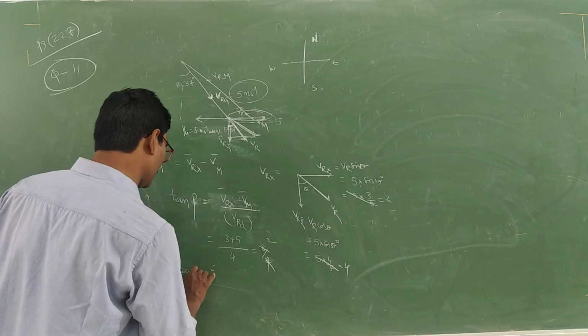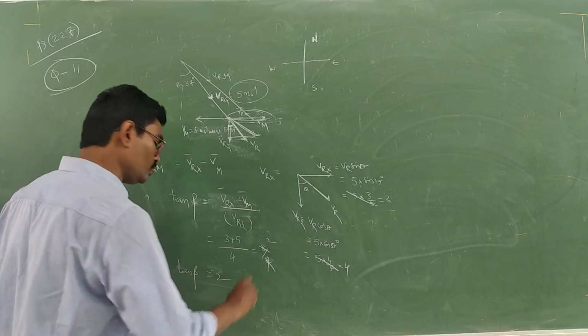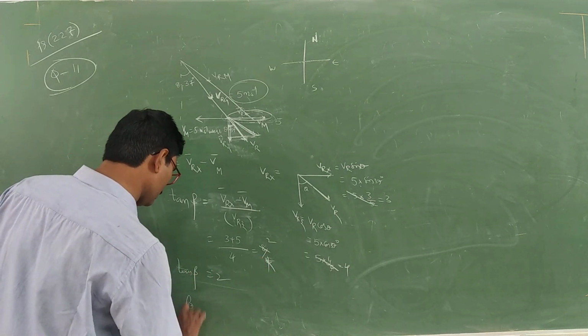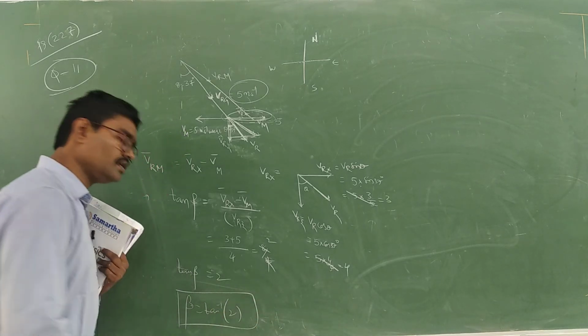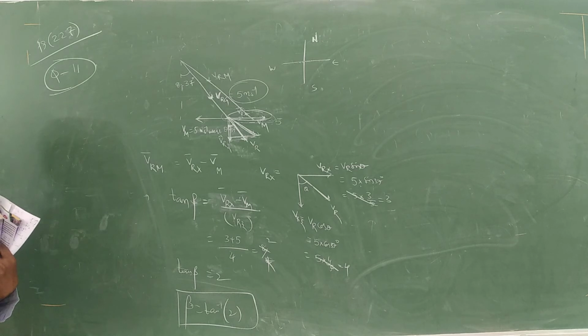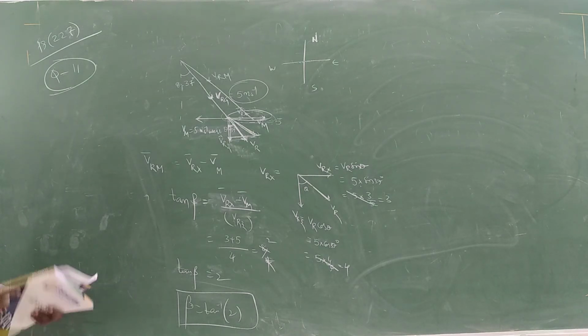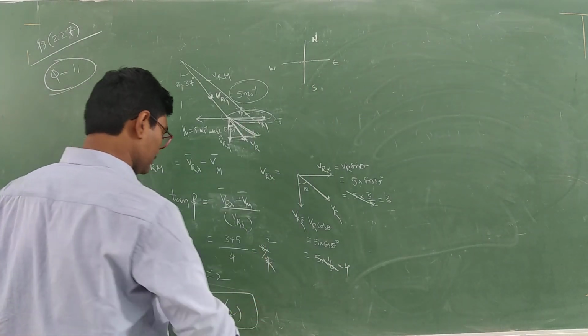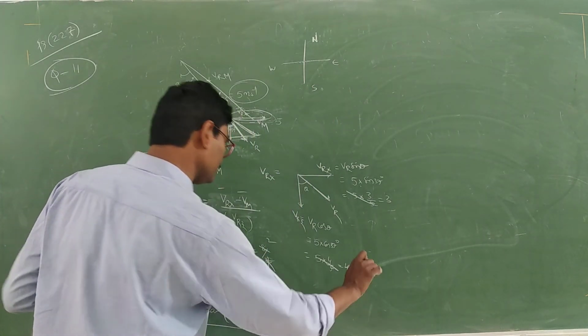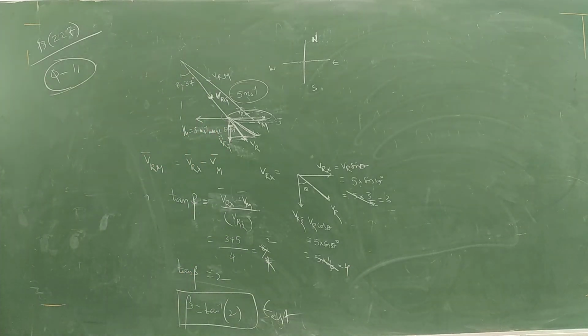Tan beta is equal to 2. Beta equals tan inverse 2. Okay? Note it. East or west, which side is it going? East. That's the answer. Note it.